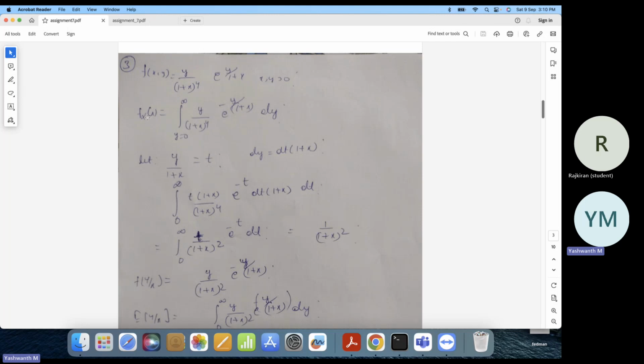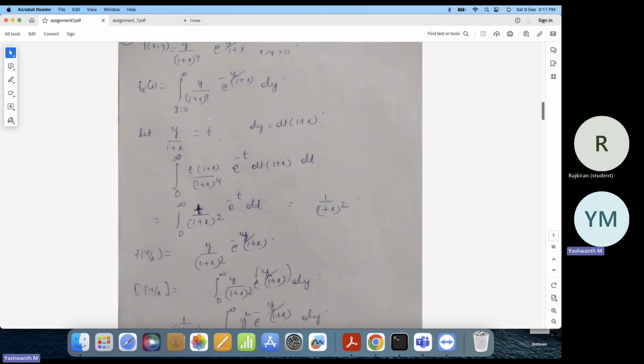For getting f_X of x, we just integrate with respect to y because x and y are going from 0 to infinity. What you are integrating is f of x comma y, right? So when you integrate it and simplify, you end up getting 1 by (1 plus x) whole square.